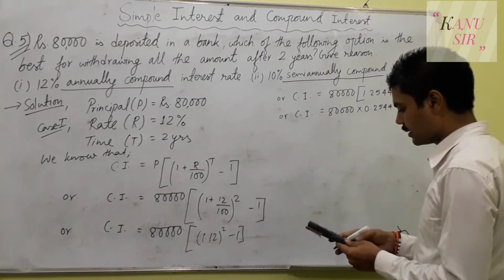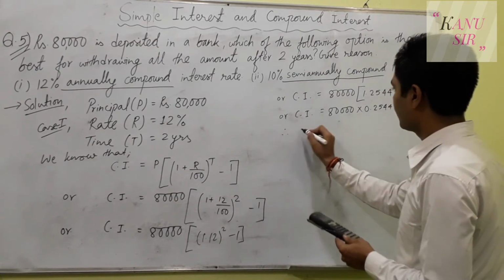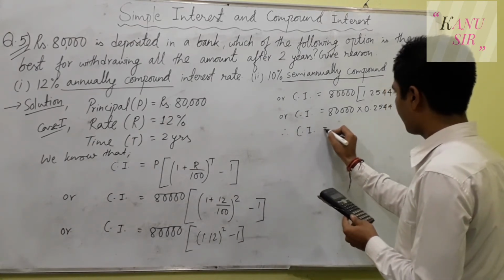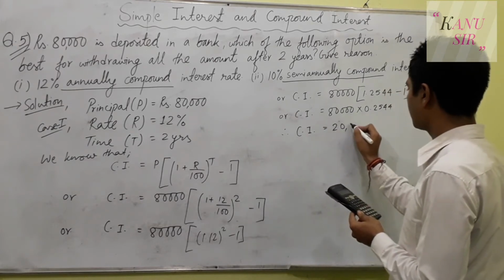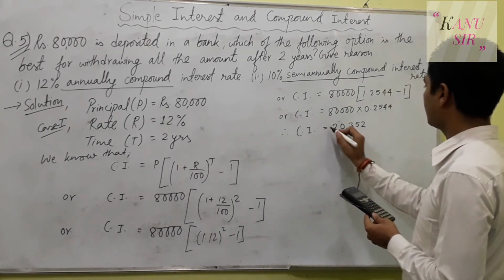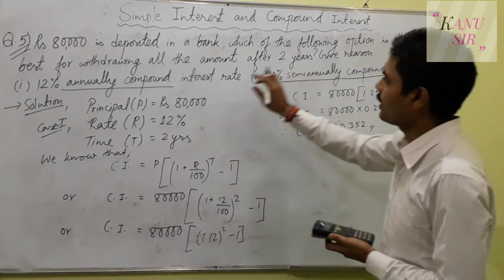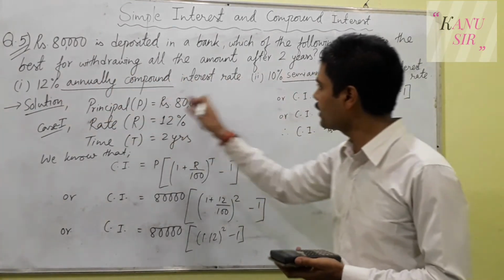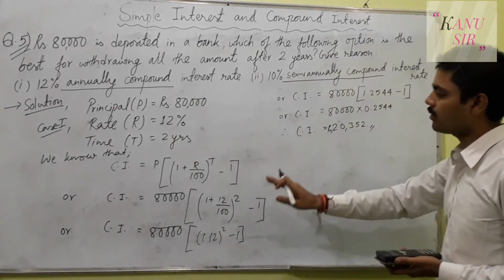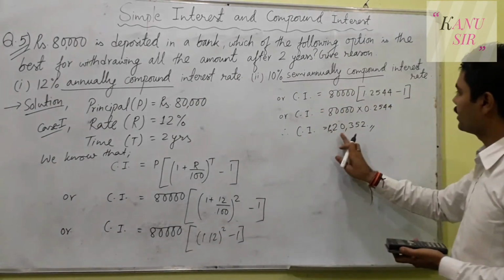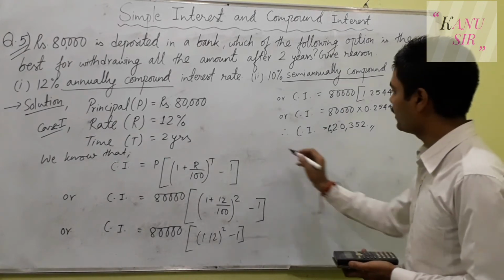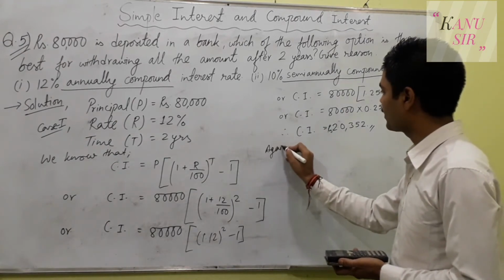We'll get compound interest as 20,352 rupees. So after 2 years at the rate of 12% compounded annually, the interest on rupees 80,000 will be 20,352.